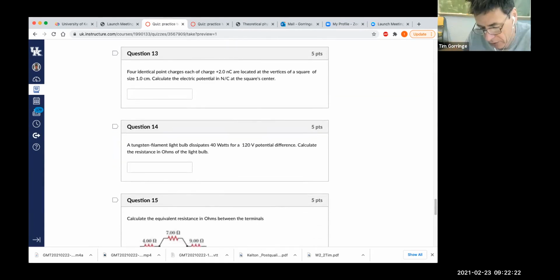Okay, question number 13. It says 4 identical point charges, each of 2 nanocoulombs, are located on the vertices of a square, 1 centimeter by 1 centimeter. And we've got to calculate the electrical potential at the square's center. Let's just make a sketch of that to start with.